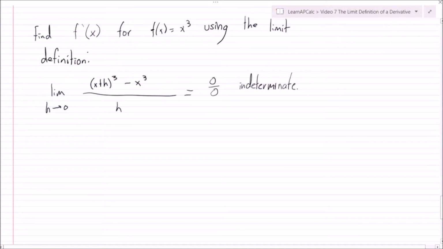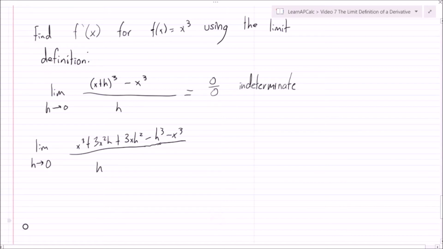We need to do more work. And so here, what we would do is we would actually multiply out our cube. And so what we're left with is x cubed plus 3x squared h plus 3x h squared plus h cubed, all minus x cubed.